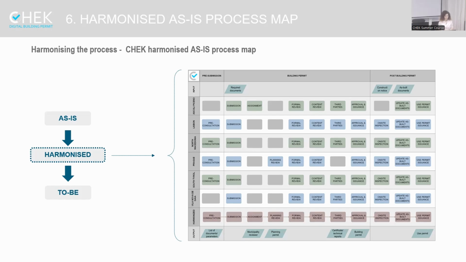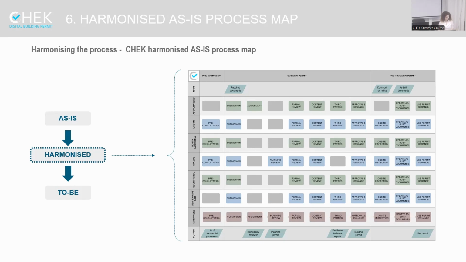And we had in Czech municipalities from three different countries. So Italy, Lisbon, and Czech Republic. So this new process had to include all the steps and all the actions in the as-is process of our municipalities. So first we built a harmonized process.